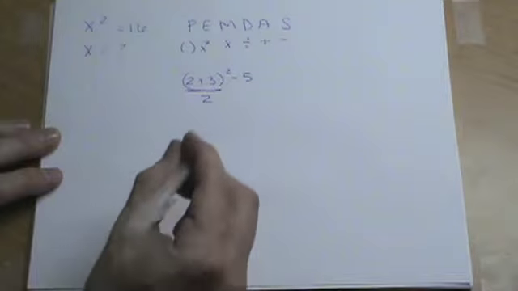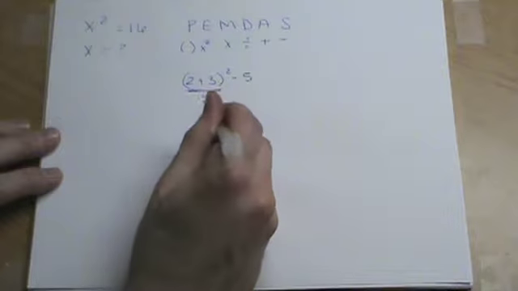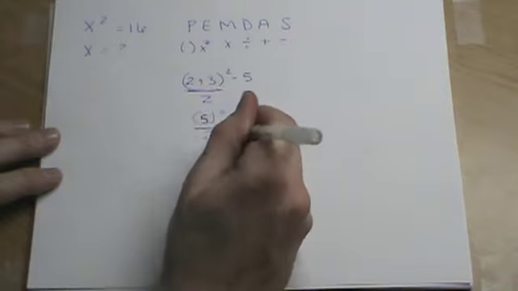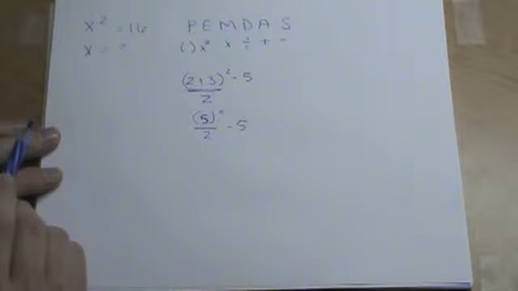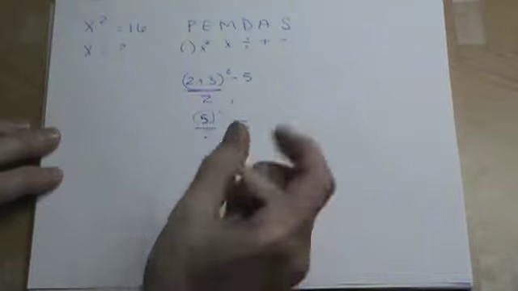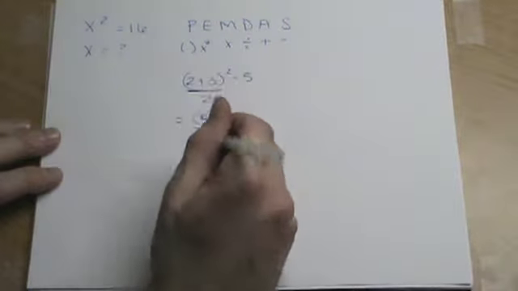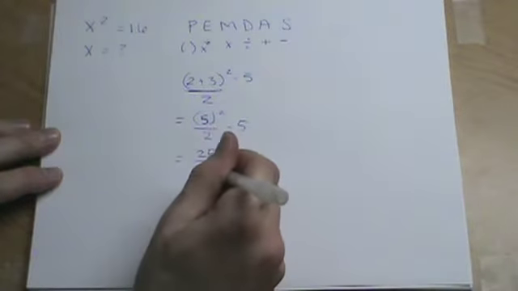So that means add the 2 and the 3. That's 5. Then keep everything else the same. I didn't touch anything else, I just added what was in the parentheses. Next it says do the exponents, the E. So 5 squared, that is 25. I keep everything else the same.